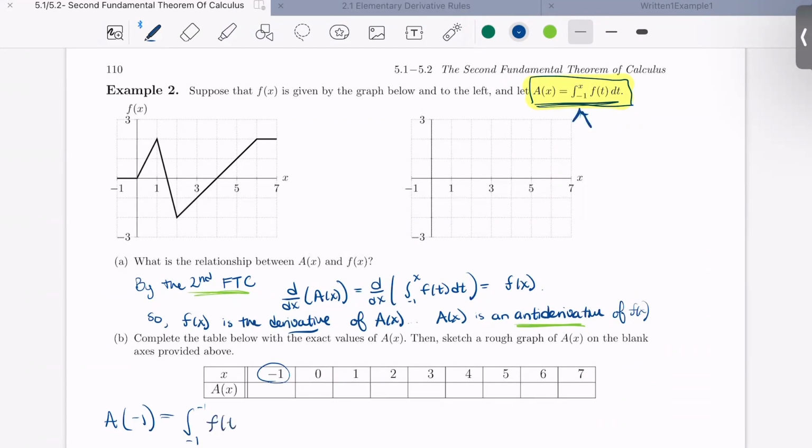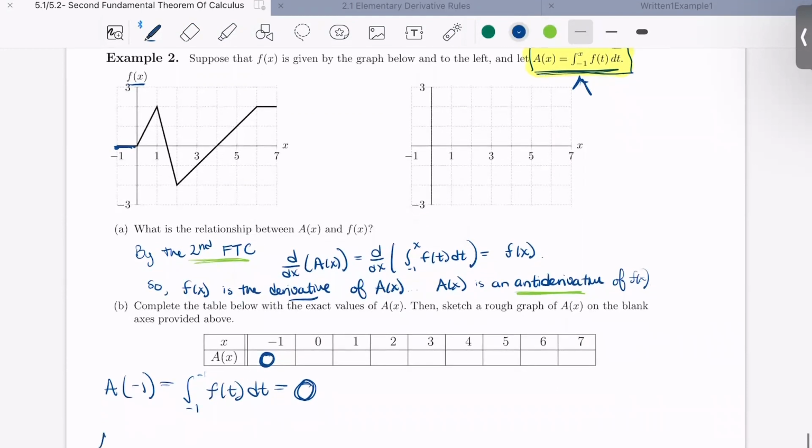Well, an integral where our bounds are the same value is just going to have an area of 0. So f of x does start for us at -1, but the area under it at -1 is 0. Okay, that's not too bad. So we can just fill in 0 here.